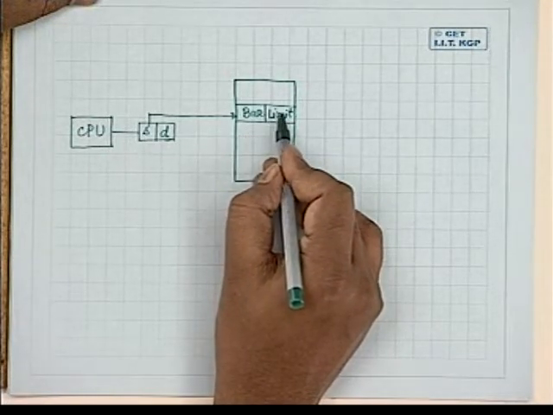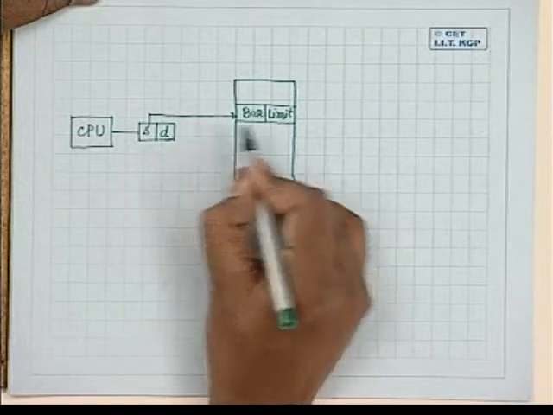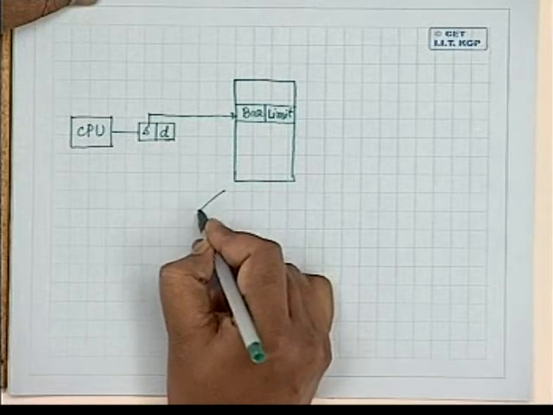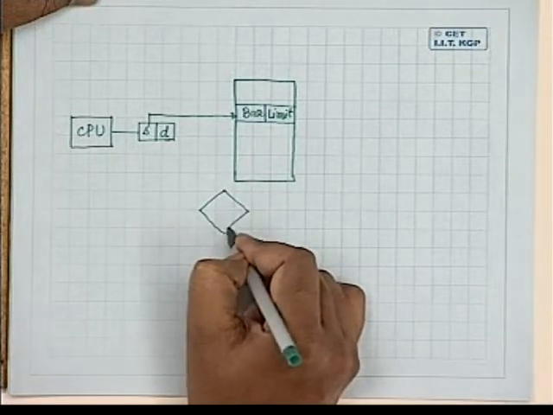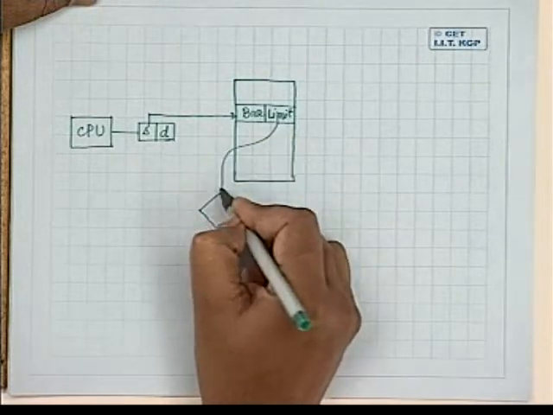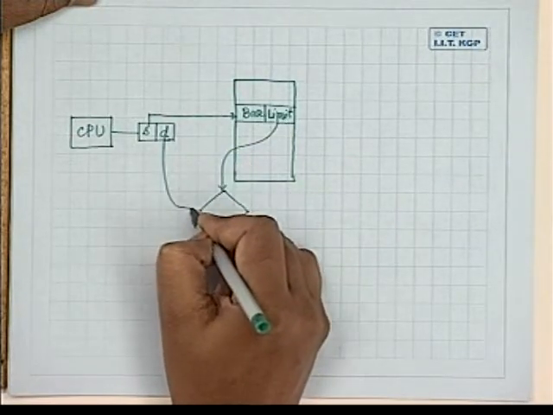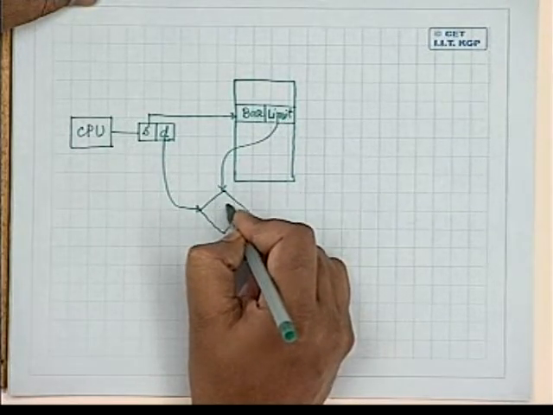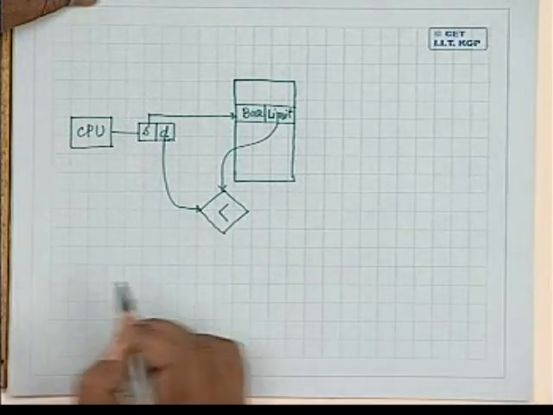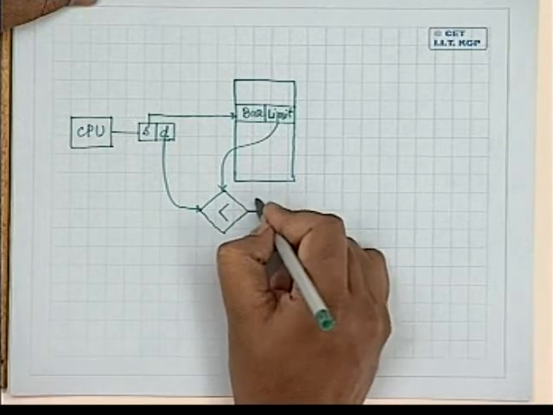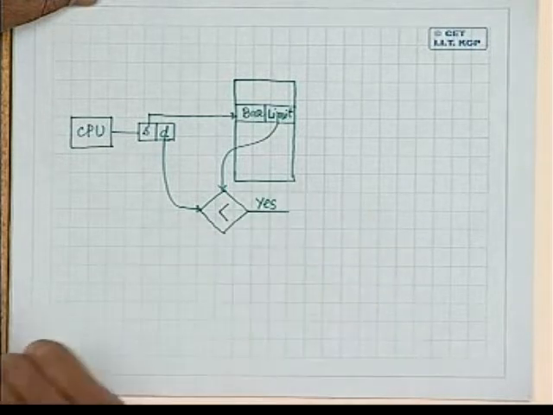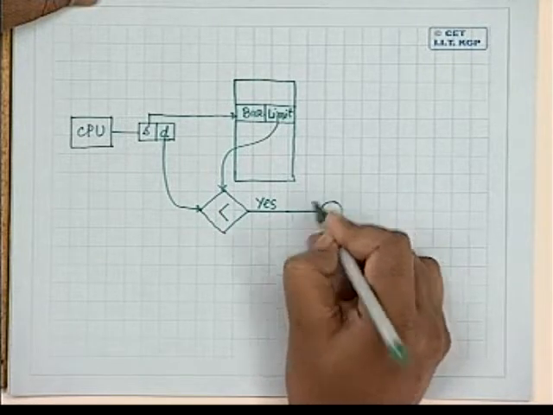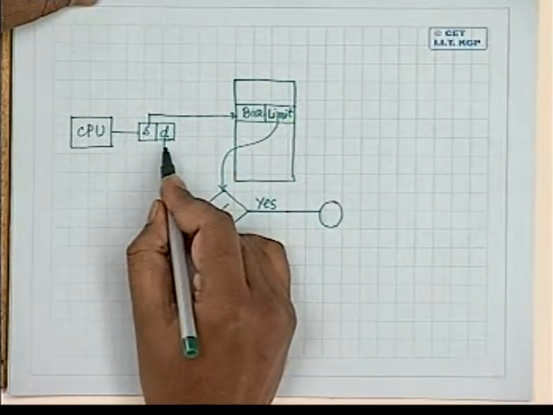So the segment table gives both the base address and the limit of the segment. The first operation I have to do is check whether the offset that is generated is less than limit or not. So again, I will compare D with limit. My condition is that D should be less than limit. If this condition is true, then I have to add the base address to this offset.